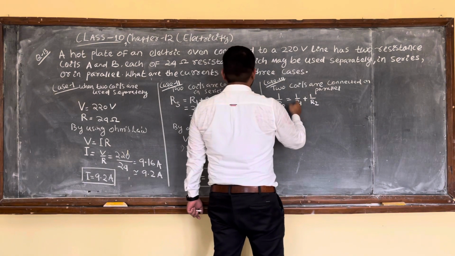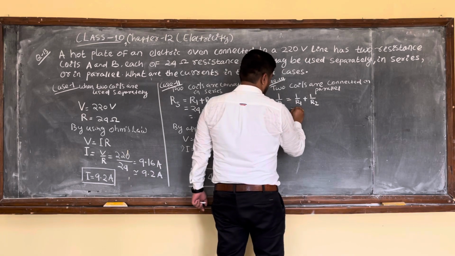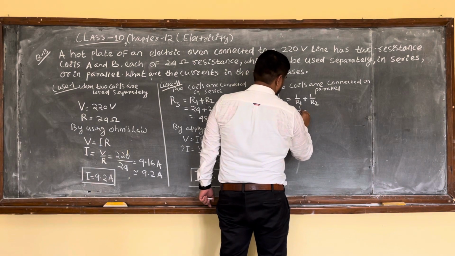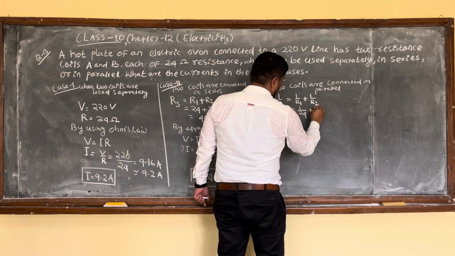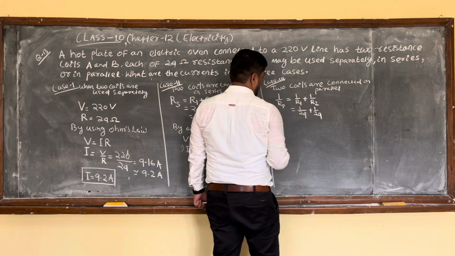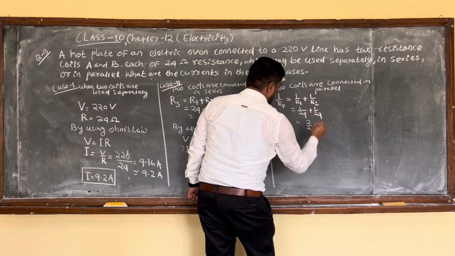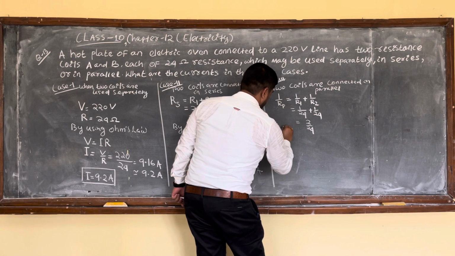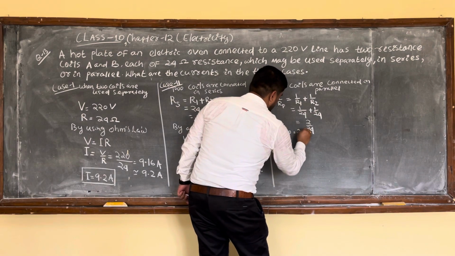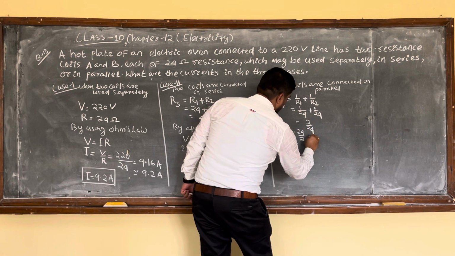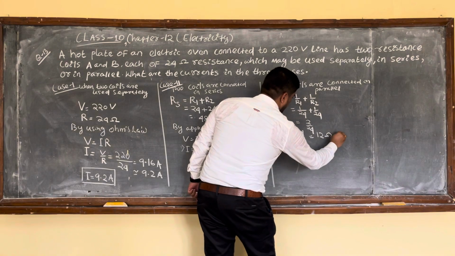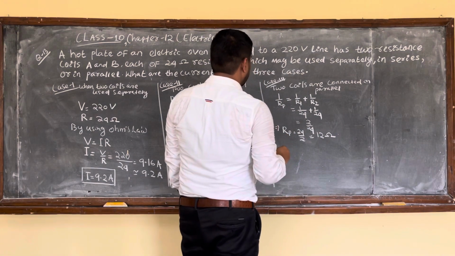Here the resistance of each coil is equal, so you can write 1 divided by 24 plus 1 divided by 24, that is 2 divided by 24. That implies Rp will be 24 divided by 2, that is 12 ohm.